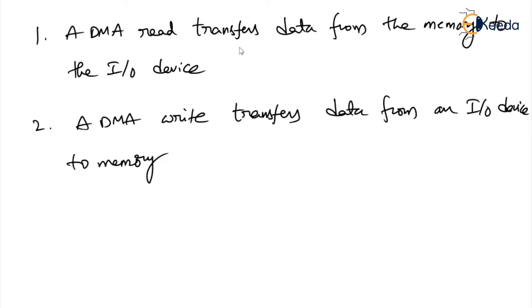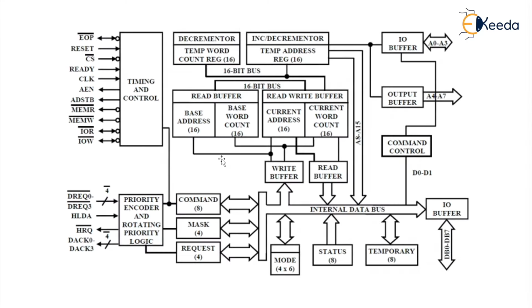If you see the block diagram of the 8237, what are the blocks? First, timing and control, and priority encoder and rotating priority logic.